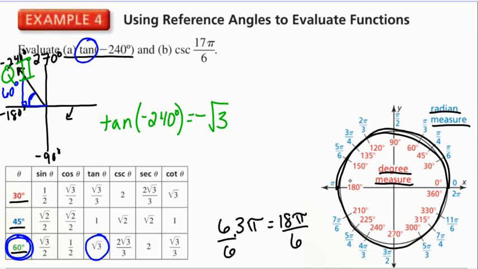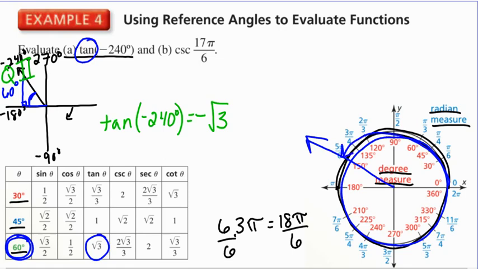I need to back off that just a little bit, so it's really going to be this angle right here. So I'm going all the way around once and then stopping at this angle.